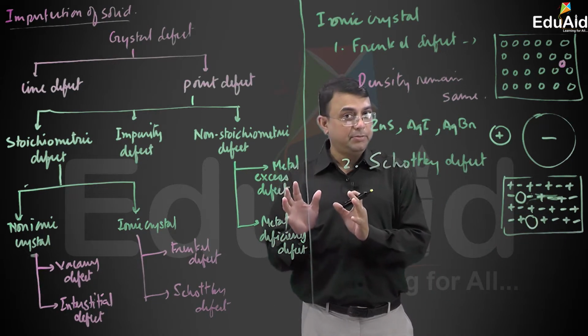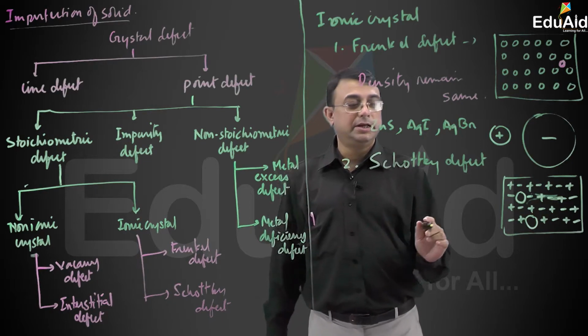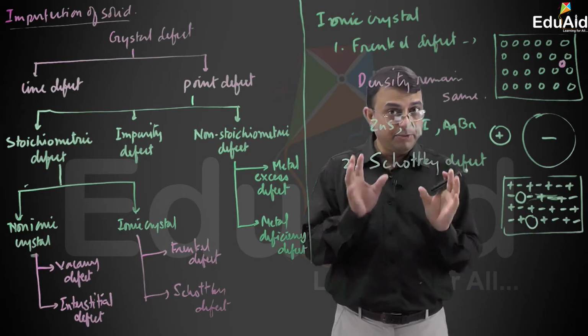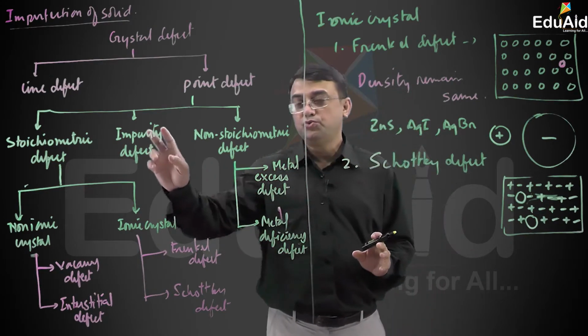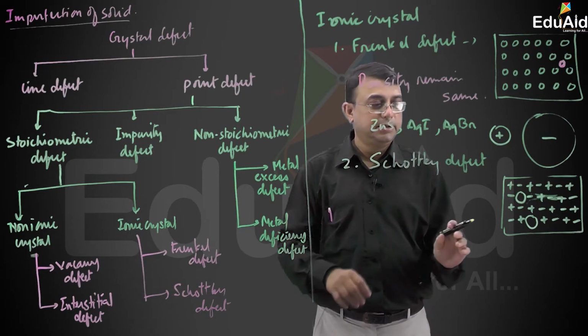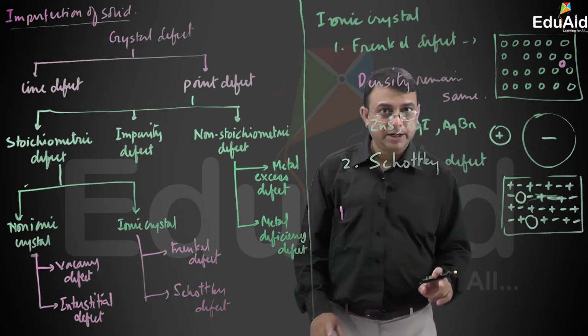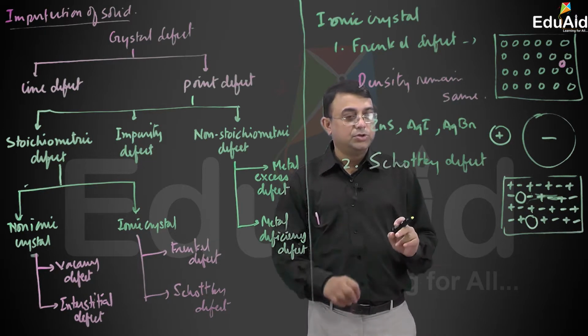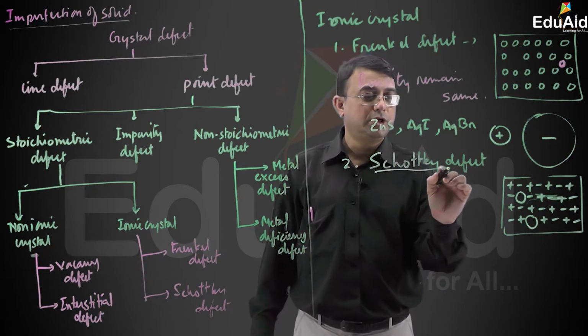If there is another type of crystal where the ratio is not 1:1, then the number of missing cations and anions may not be the same. The numbers of cations and anions may not be equal, but the total positive charge and total negative charge missing must be the same. So this type of defect is shown by Schottky defect.